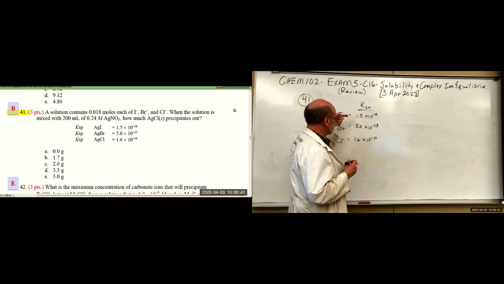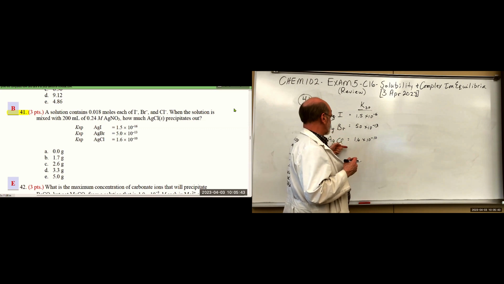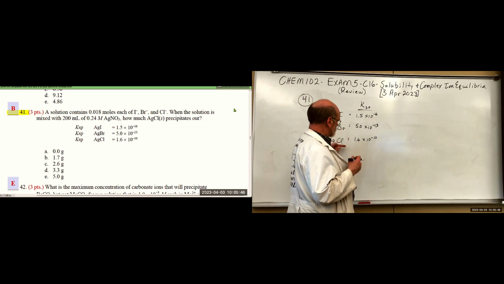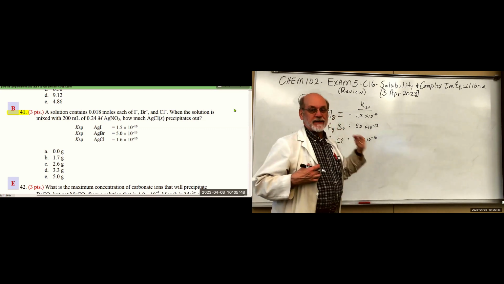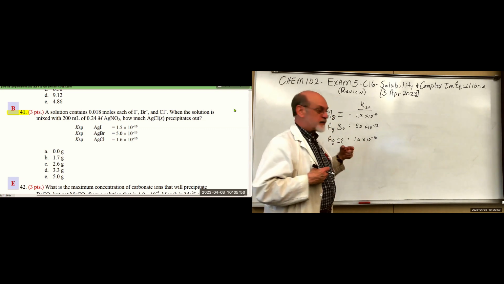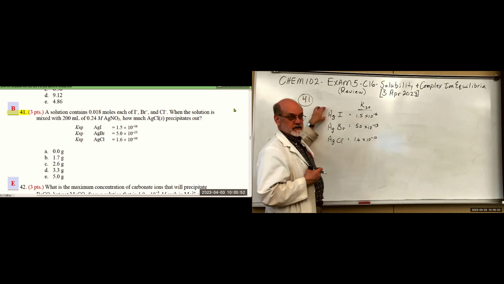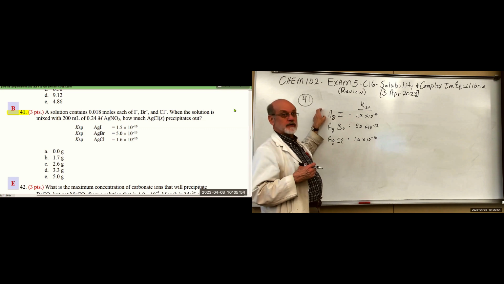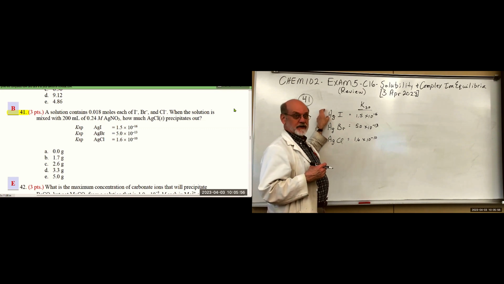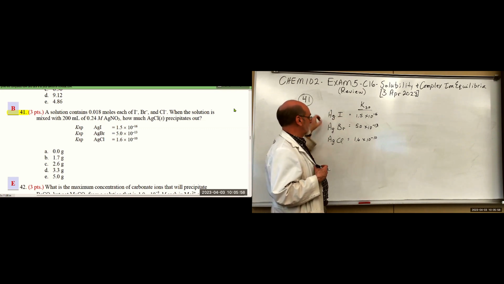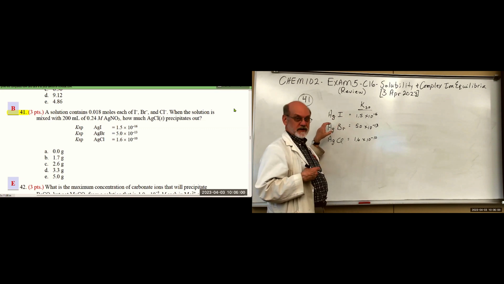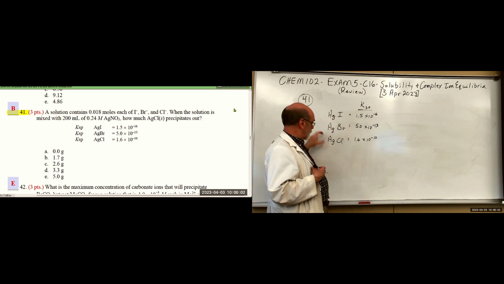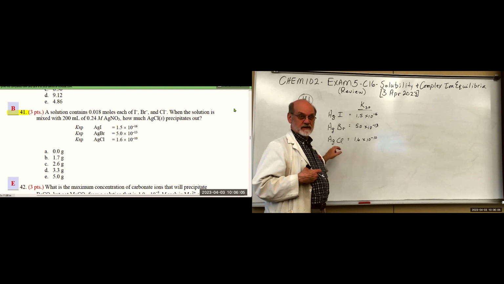So this one's going to be the least soluble, and this is the most soluble. The order of precipitation is this one going first, and it's going to use up all the silver it wants until it's gone. Then this one's going to use up what's left, and if anything's left over, then this one gets some.